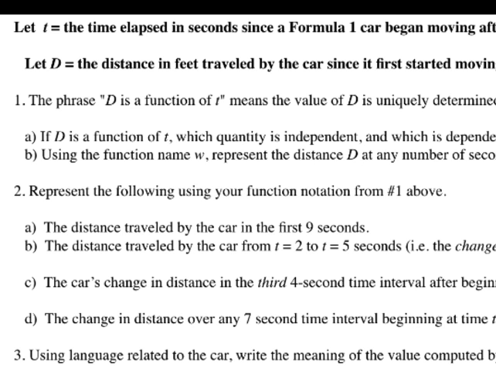So since our third interval of 4-second time, it'd be between 8 and 12. Good. So you just have to find the difference between that space. What are you going to say? W of 12 minus W of 8. Very good.